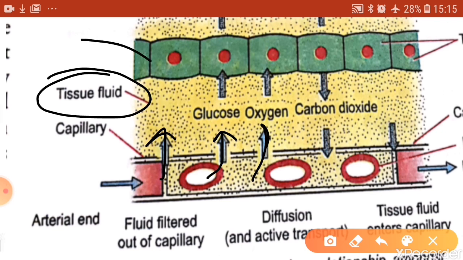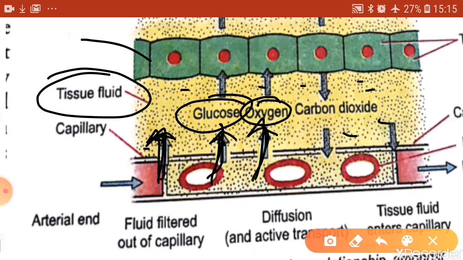The fluid that comes out is plasma with dissolved substances like glucose and oxygen. When the fluid comes out of the blood capillary, it forms the tissue fluid which fills up the spaces between the cells. All exchange of material between the blood and the cells will occur through this tissue fluid.